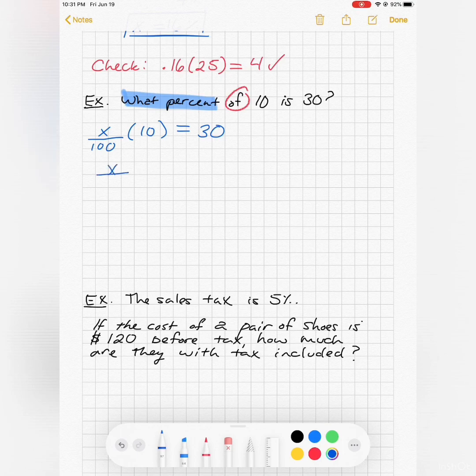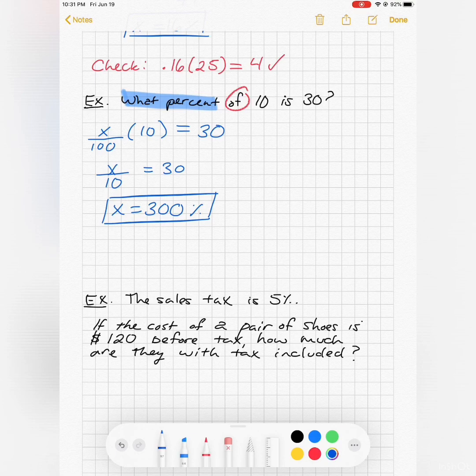Okay, so 10s cancel and then multiply by 10. So 30 is 300% of 10.